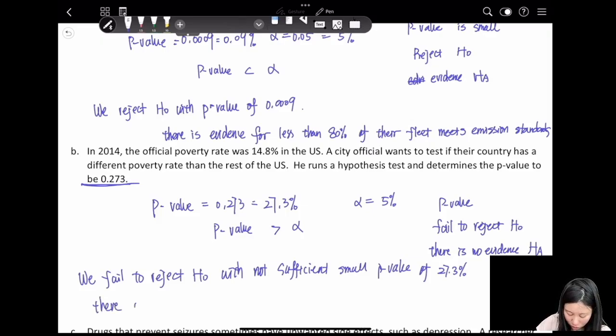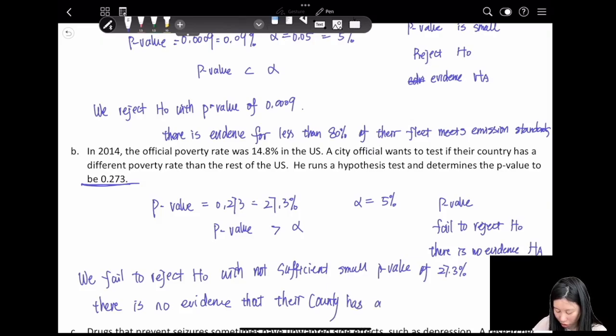There's no evidence that their county has a different poverty rate than the rest of the US.